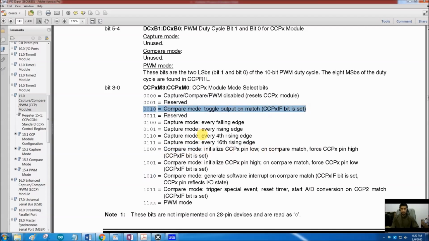Here, this is the compare mode. 0010, the CCP module will be configured in compare mode, and this will toggle the output on match.